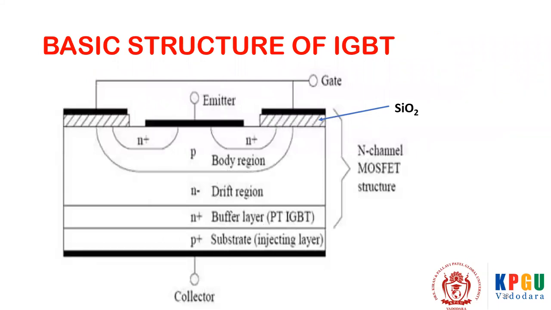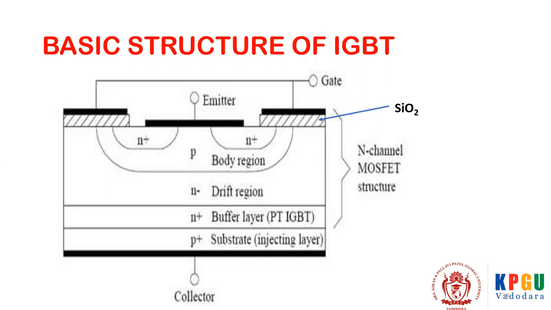Now, this is the structure of the IGBT. You can see that it has a P plus substrate, which is the injecting layer, and on it an N plus buffer layer. It is not there in all IGBTs, but it is there in PT IGBTs. Then there is the N minus drift region, which generally creates the reverse blocking voltage capacity. Then the emitter has a P region with 2 N plus regions.